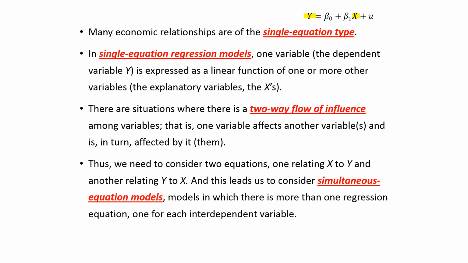Thus, we need to consider two equations instead of one: one relating x to y and another one relating y to x. This is called simultaneous equation models, where we have more than one regression equation, and more than one dependent variable represented in a set of explanatory variables.